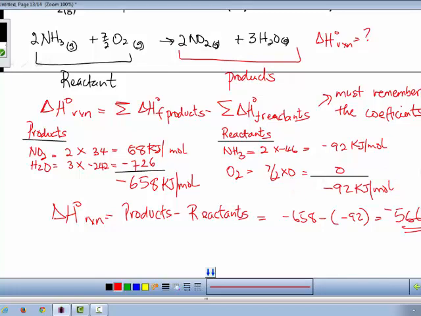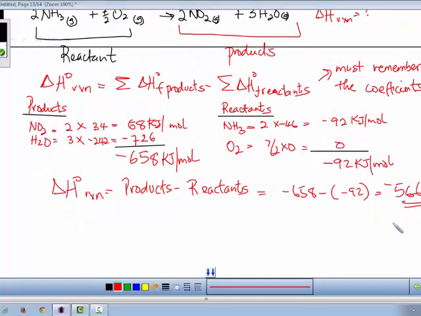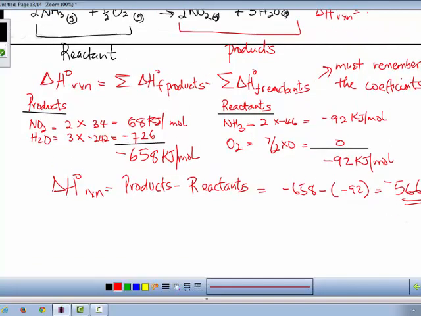So oxygen is equal to 0. When you add both up, you get minus 92 kilojoules per mole. The delta H for the reaction is then going to be equal to products minus reactants. The products were minus 658, minus the reactants, which were minus 92, so minus 658 plus 92 will give you minus 566 kilojoules per mole.